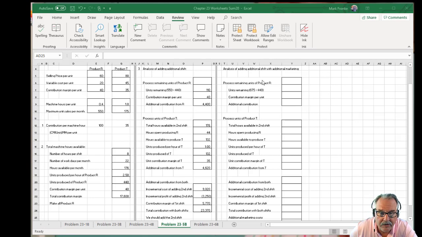So now the additional units is going to be 235. We're still getting $40 in contribution. So our additional contribution is $9,400.